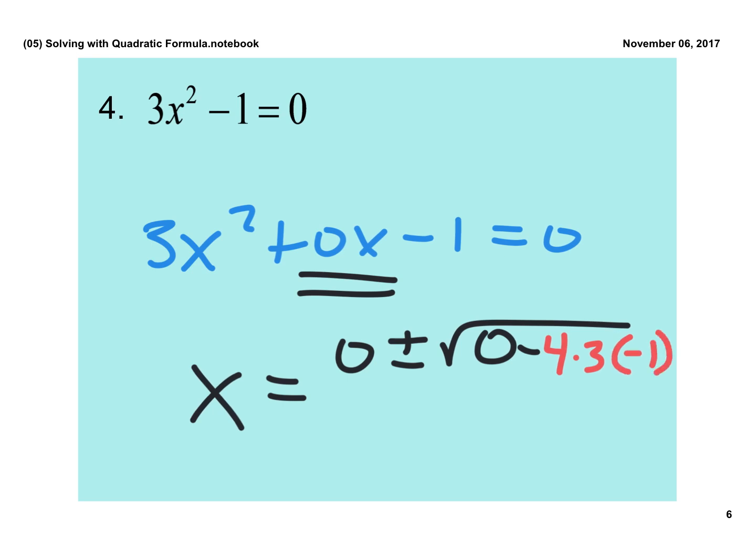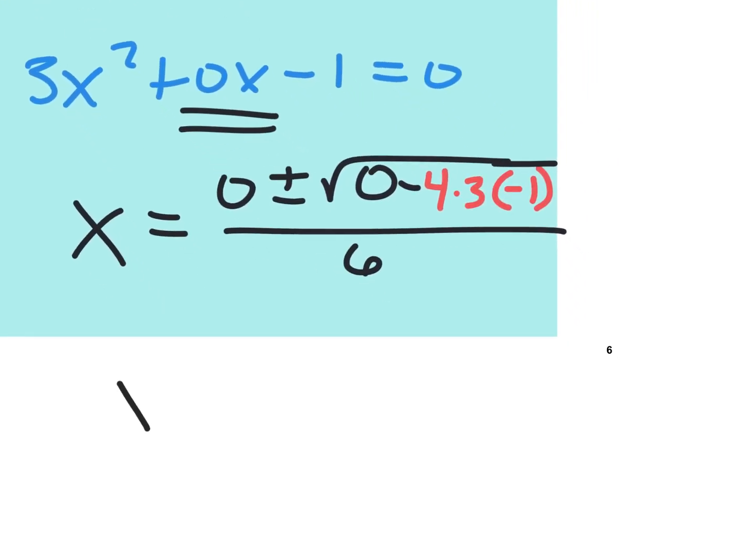Notice I put that in parentheses just to make sure I noticed that there was another negative there. All over 2 times 3. 2 times 3, and I'm just going to put 6. There we go. We're close. 0 plus minus, I can just say plus minus, square root of negative and negative, 12, all over 6.